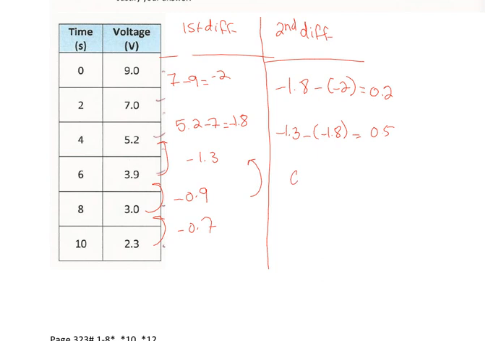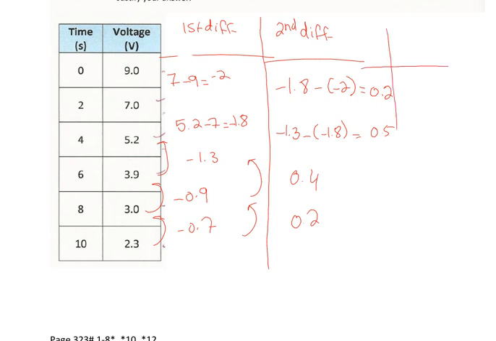And then when I do negative 0.7 minus negative 0.9, that's going to be 0.2. The second difference doesn't seem like it is constant. So let's test the ratio.